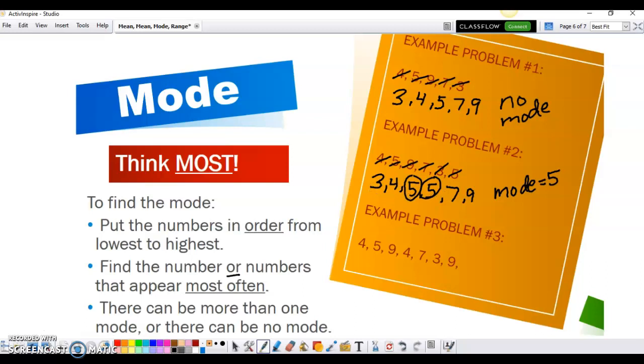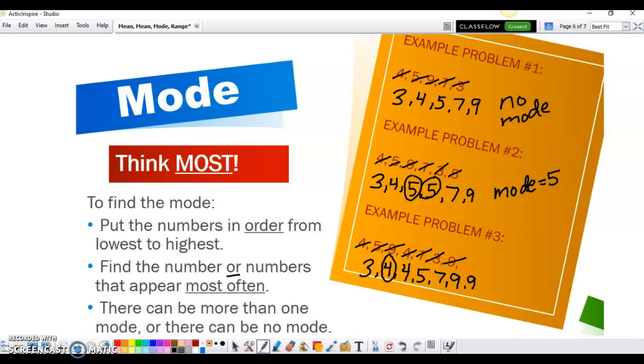Okay. And then number 3, we've got 3, 4, 4, 5, 7, 9, 9. Okay, so let's look at our numbers. We've got 1 3, we've got 2 4s, 1 5, 1 7, and 2 9s.